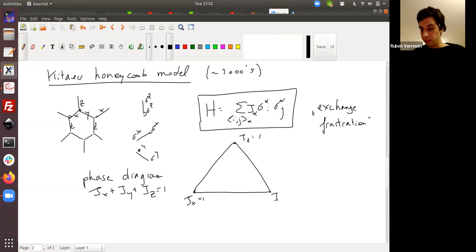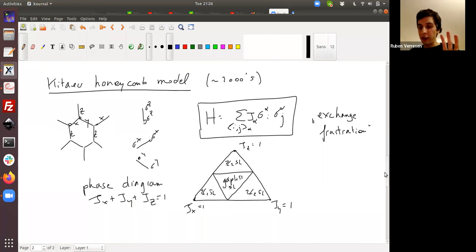And Kitaev obtained the following phase diagram. Here in parameter space, there are gapped spin liquids. For those of you familiar with the toric code, it's the same phase of matter here, and here also. SL stands for spin liquid. And then here in the middle, there's a gapless spin liquid. So it's even more exotic in some sense. Gapless spin liquid.